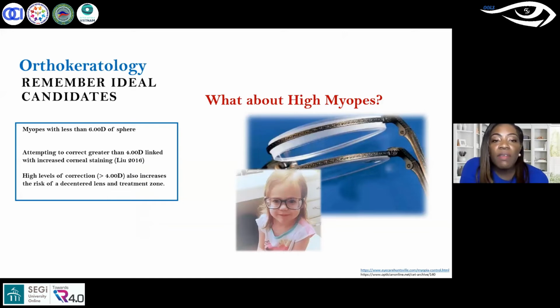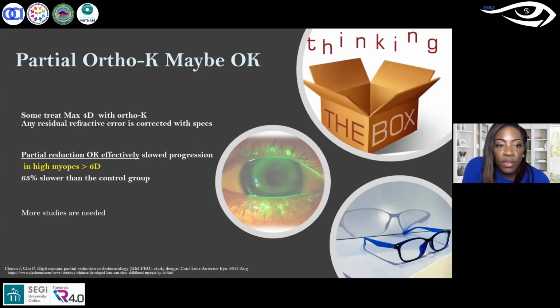Now remember the ideal candidates for ortho-K based on the IMI guidelines: we're up to 4 diopters. So what do we do with children where we want to use ortho-K? Like my patient, Sammy, whose older brother was already at 8 years old a 7 diopter myope. If his parents really wanted me to fit him with ortho-K, what could I do? Some people are doing partial ortho-K.